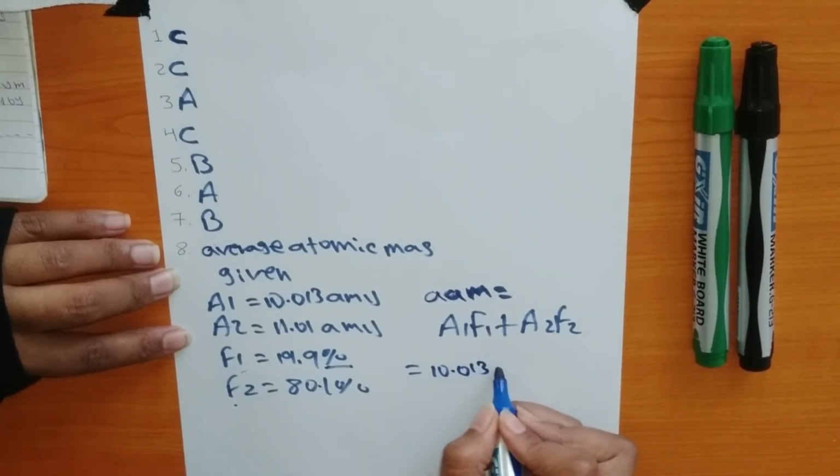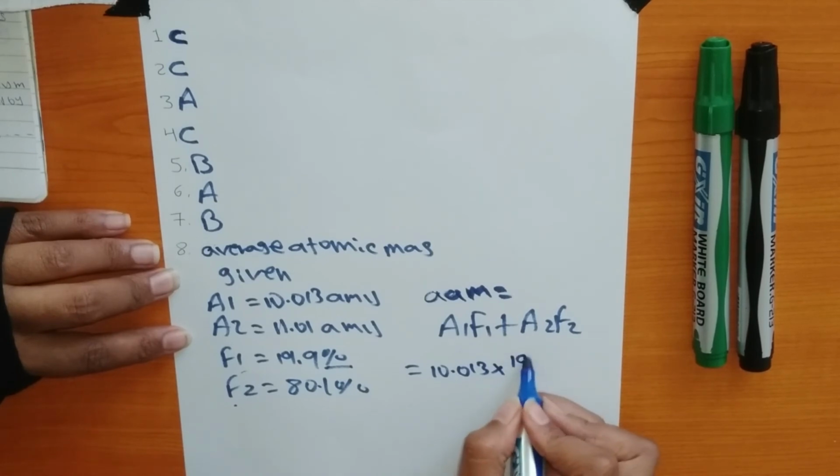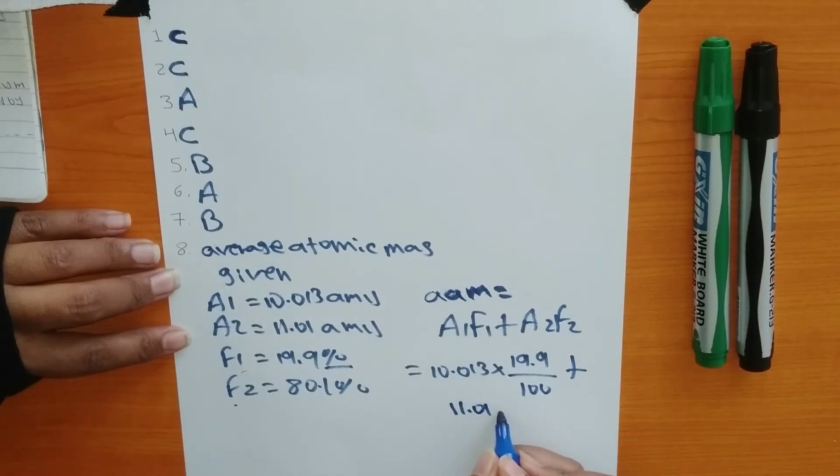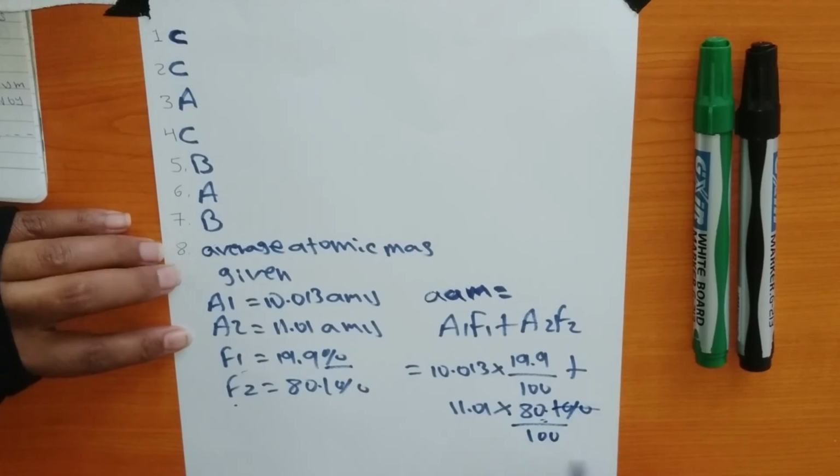10.013 multiplied by 19.9 divided by 100, plus 11.01 multiplied by 80.1, we're going to divide by 100.